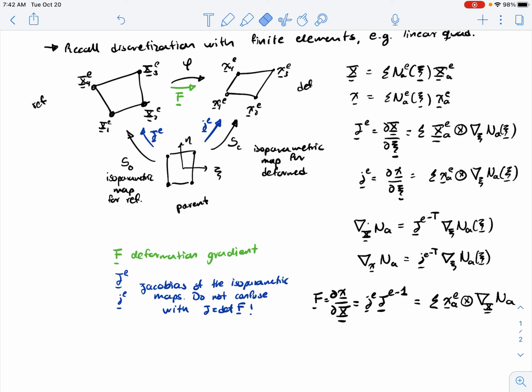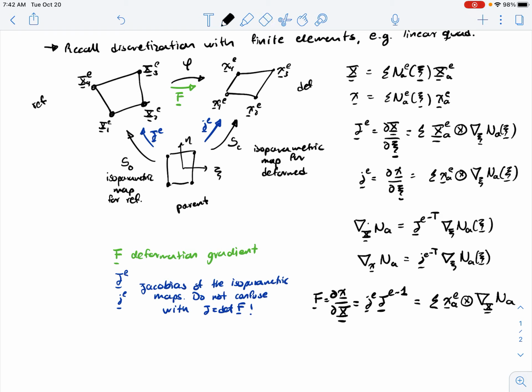We have the Jacobian of the isoparametric map that takes us from the parent to the reference. And so that will be, here I use the capital J, which is the same as in the book. And that's the derivative of the X coordinates with respect to the xi coordinates, and is the sum of the nodal X's dyadic product with the gradient of the shape functions with respect to xi.